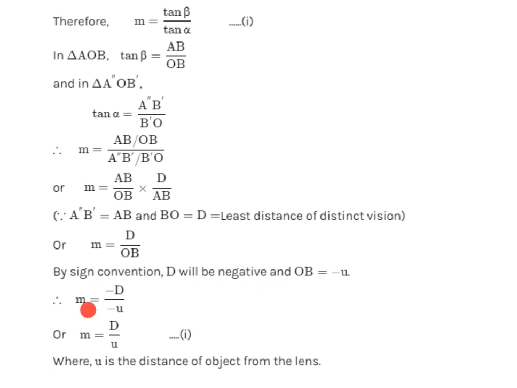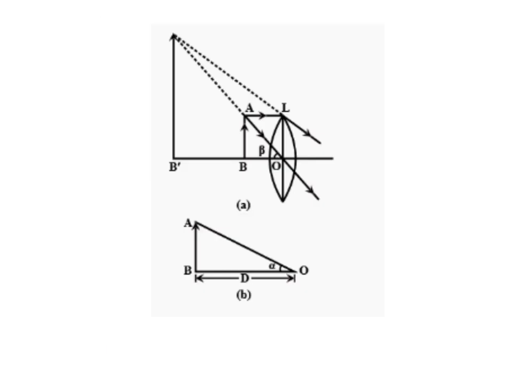Therefore, magnifying power is equal to minus D upon minus U. What is U? U is the distance of the object from the lens. So the negative sign will be cancelled and we get magnifying power, small m, is equal to D upon U. Also see here, this is the OB.